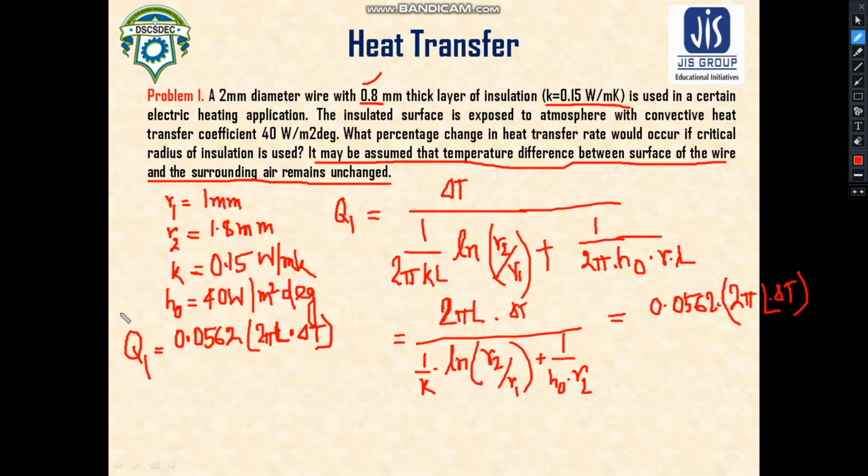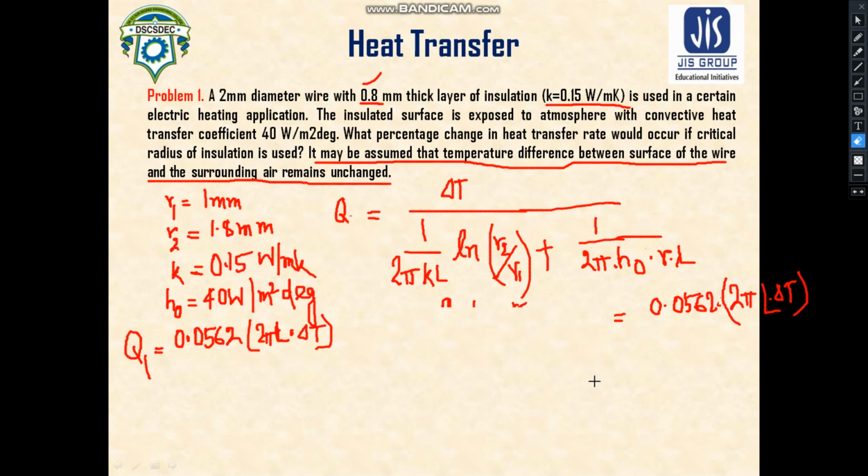So this is your heat transfer rate when this 0.8 millimeter thick layer of insulation has been provided. Now let us take the second case. Let us clear this up so we can discuss the second case.